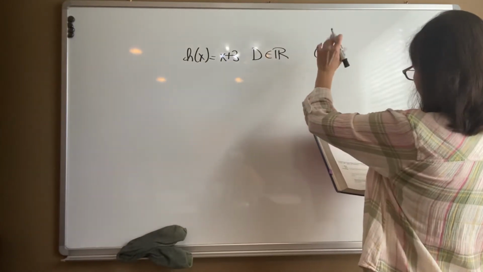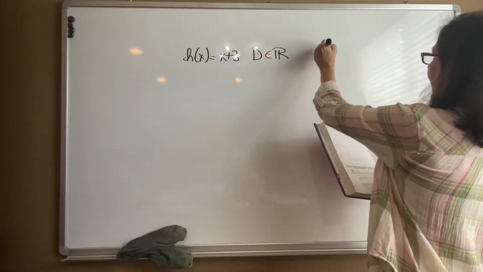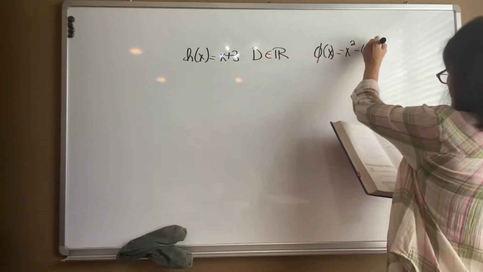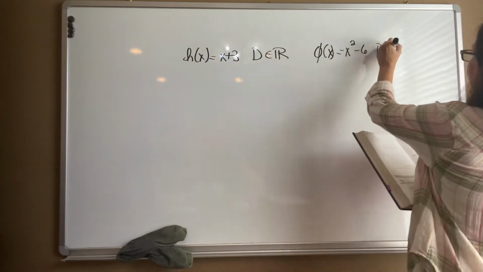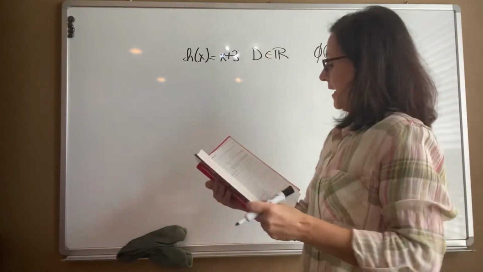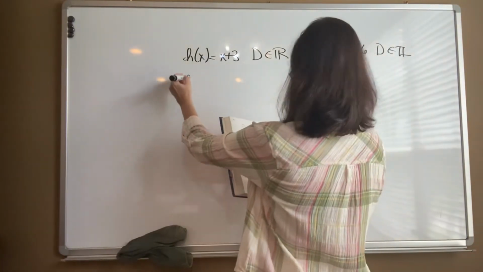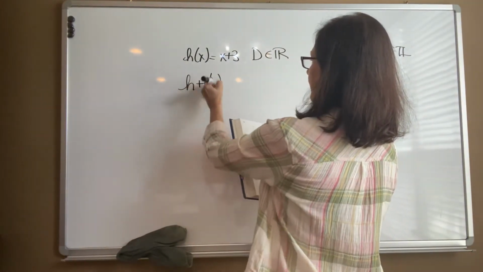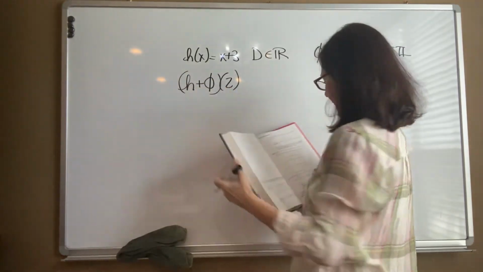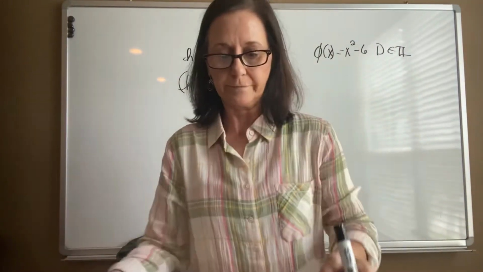And phi of x equals x squared minus 6. Its domain is just integers. And it wants us to find h plus phi of 2.